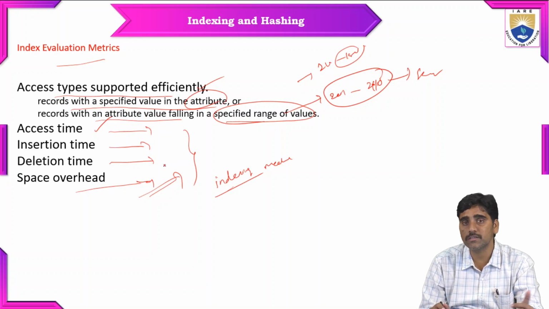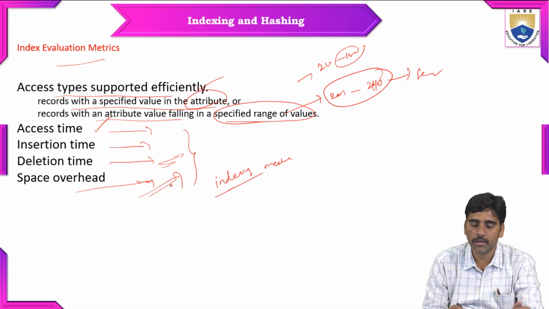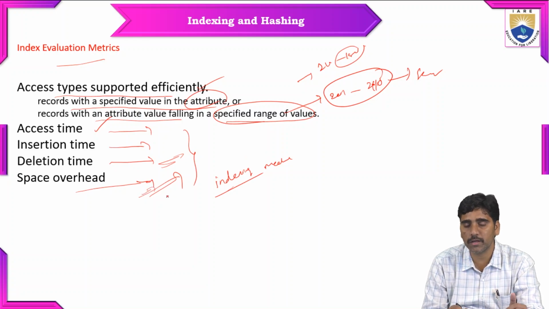The second one is insertion time: take less time to insert values and less time to delete values. Also reduce the space overhead taken by the index entries or the bucket size.